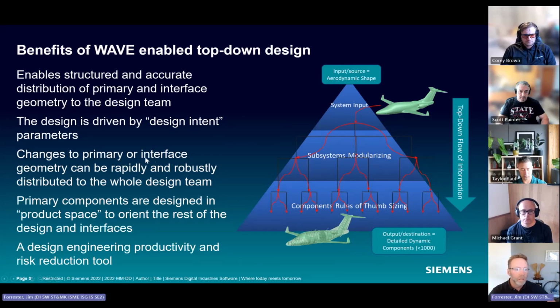The changes in the primary geometry or interfaces can be driven down to the whole team in a very robust way. The primary components are designed in what's called product space, in their place in the product, and it's a design engineering productivity and risk reduction tool.